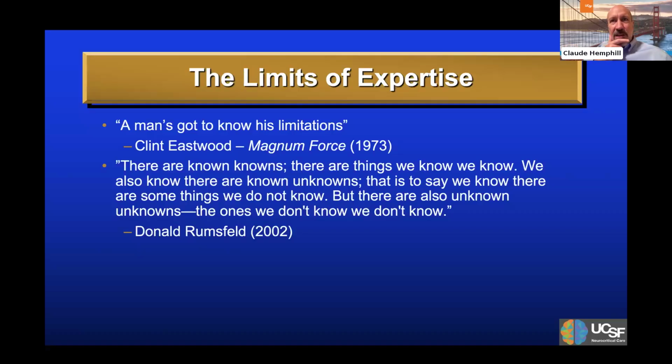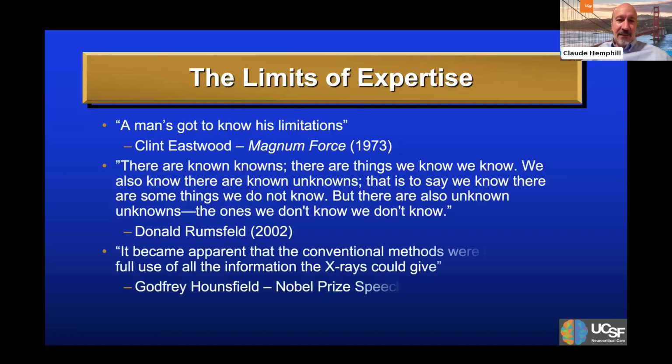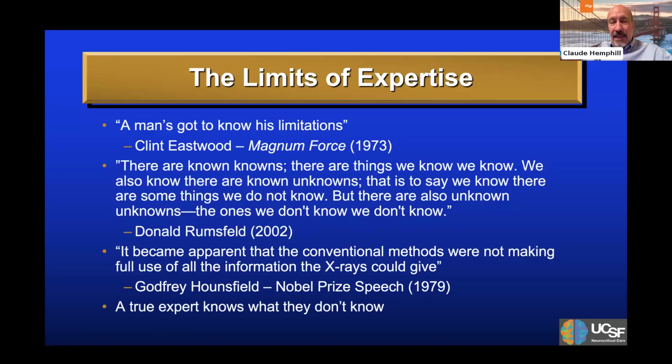And that's actually pretty right on, because much of what we hope we are going to do is at least take the known unknowns and move them to known knowns. And that's kind of what Hounsfield did when he described in his Nobel Prize speech that conventional methods of X-rays were not making full use of all of the information that they could give. And that's how he developed the CT scan. And I think a true expert knows what they don't know.